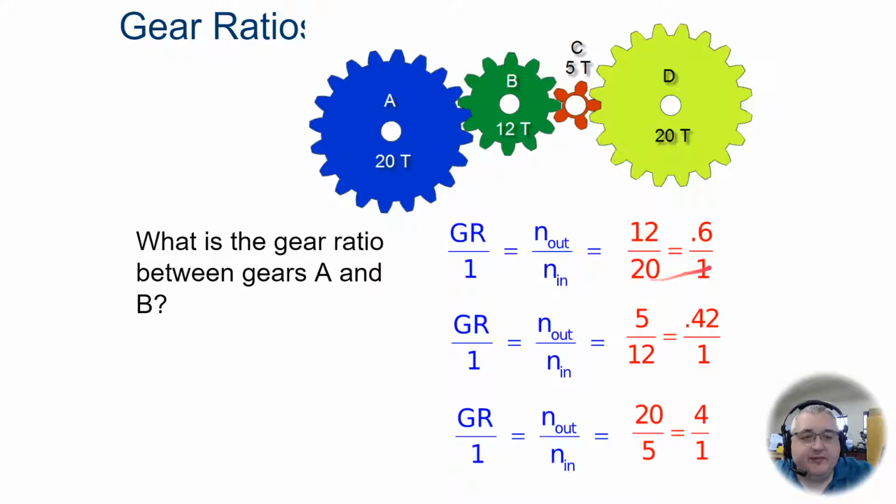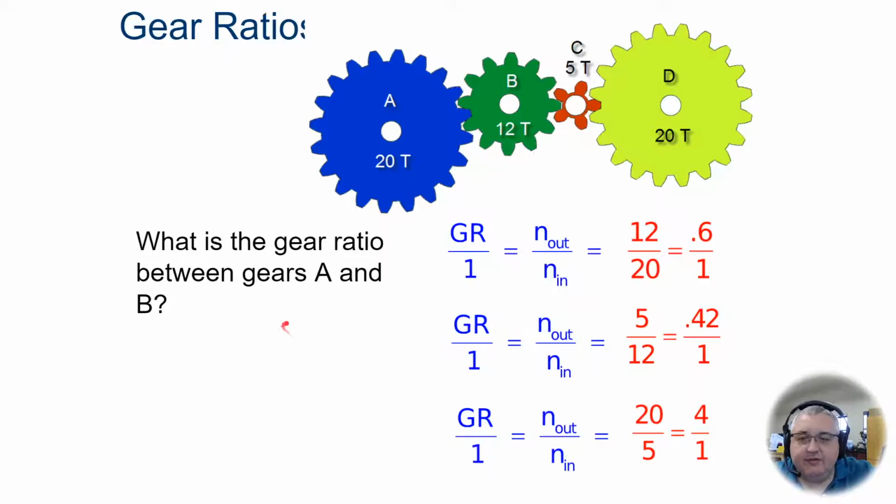So 12 divided by 20, 0.6, or 0.6 to 1. This is less than 1, so I know that I'm gaining speed and losing torque. That's what I mean by that. So this is going to turn 0.6 of the way for every turn of this one.